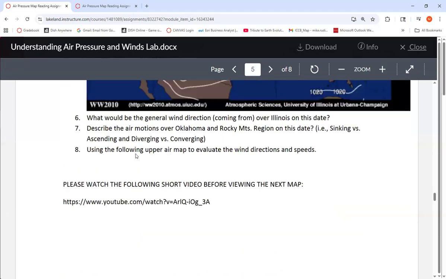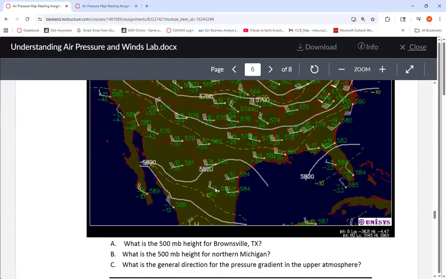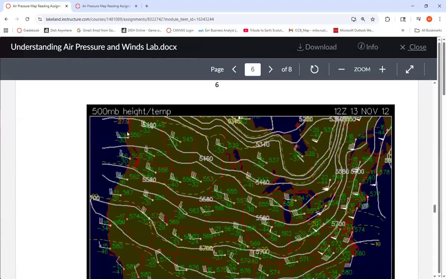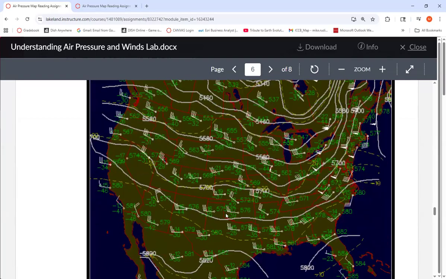For question 8, you move over into here, and the very first question is you're reading weather maps, which are called the 500 millibar weather map. These are the way the winds are moving in the upper atmosphere. These are winds moving anywhere from 13 to 18,000 feet above the earth, and these are the winds that steer our weather.